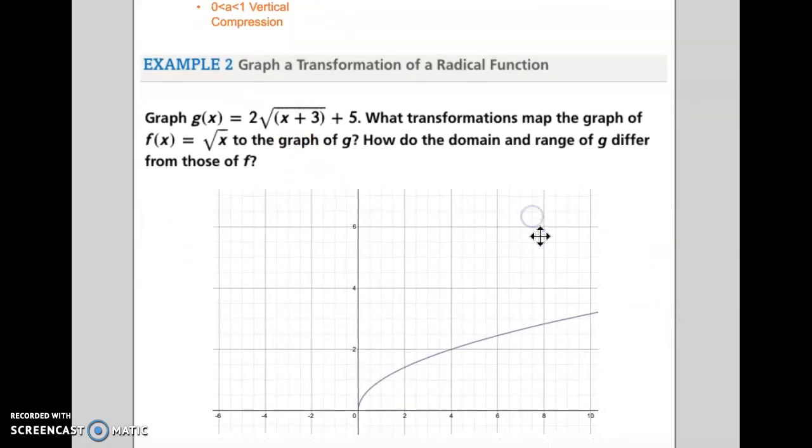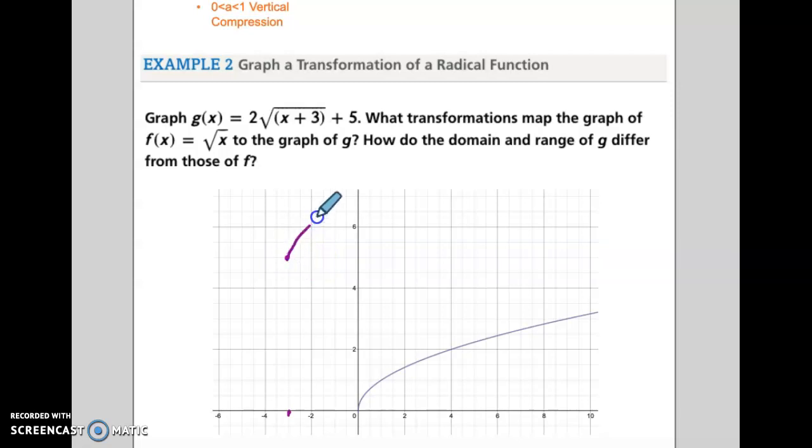Here is my parent function of the square root of x. I see plus 3, right? I know plus 3 moves it to the left 3, so I'm now over here. And now I see plus 5, which means it moves it up 5. So now I make both of those happen. I moved it to the left 3, up 5.